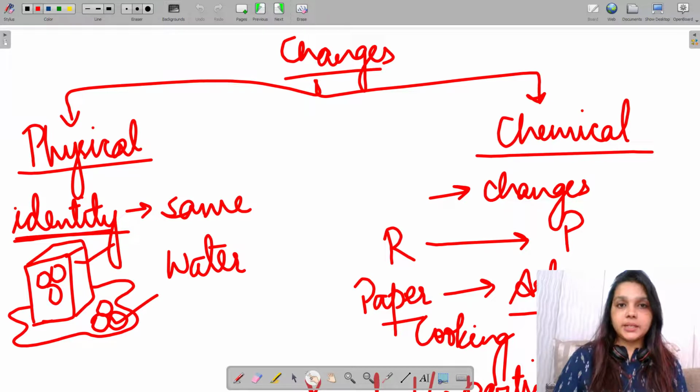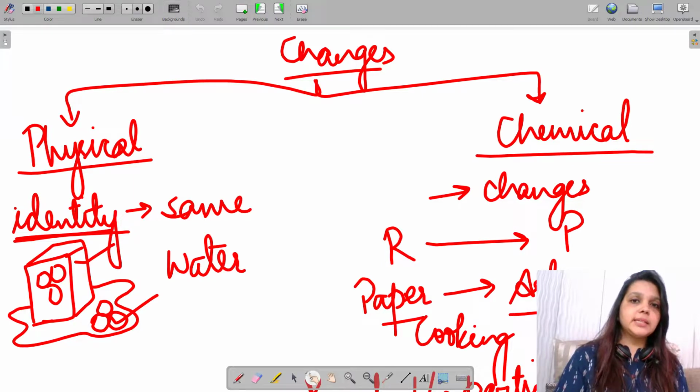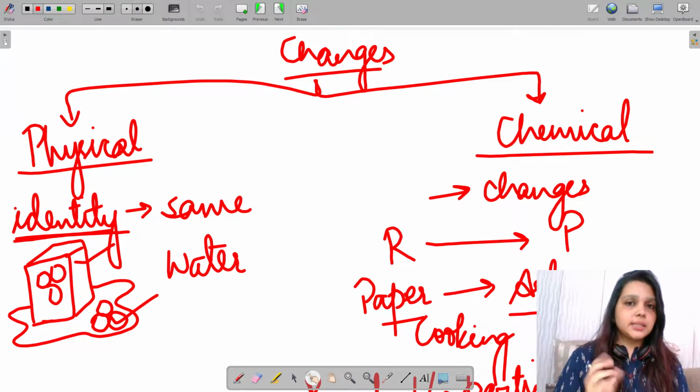So basically the identity remains same, right? We took an example of ice converting into water. What happens here is that even if solid form converts into liquid form in case of ice, the particles remain the same. The particles of water, or may we take the particles of ice, the identity is the same. They are all particles of water itself.